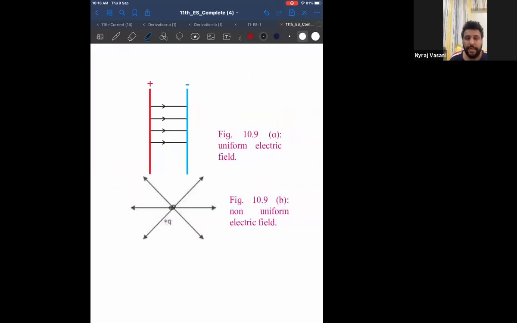Below the definition of uniform electric field, you have to draw the diagram of uniform electric field. Draw the diagram.